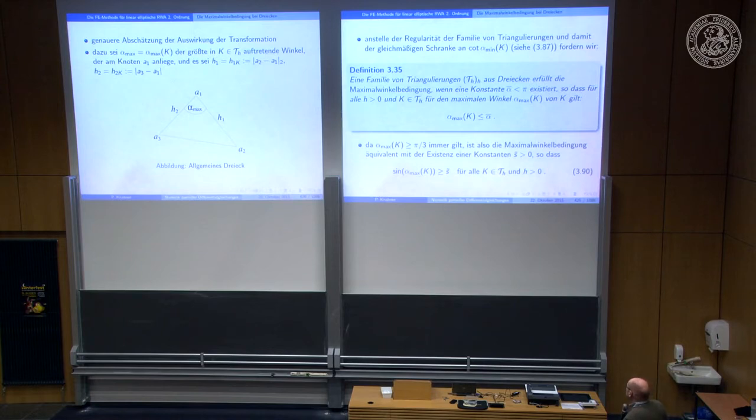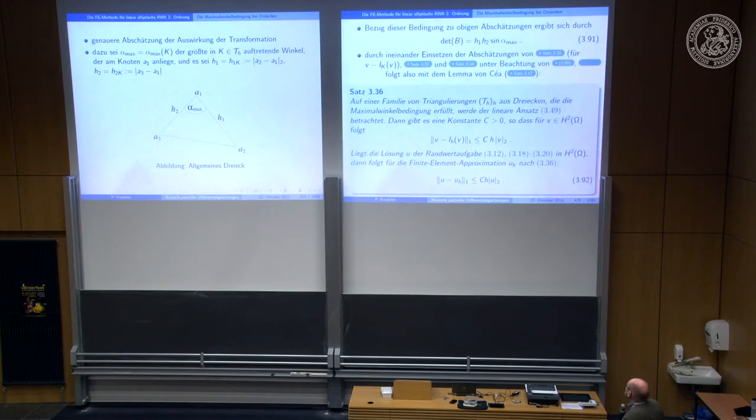Then we have a lower bound for the sine, and thus an upper bound for the 1 over sine, which appears in the overall estimate. And by this, we have saved then the interpolant estimate. By the interpolant estimate, we have saved the error estimate for the finite element error.